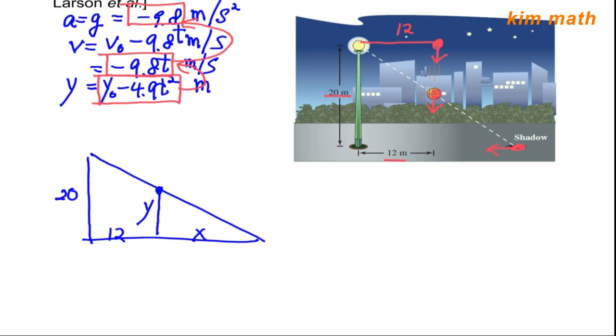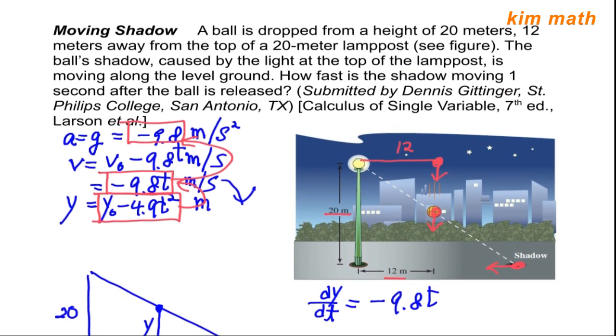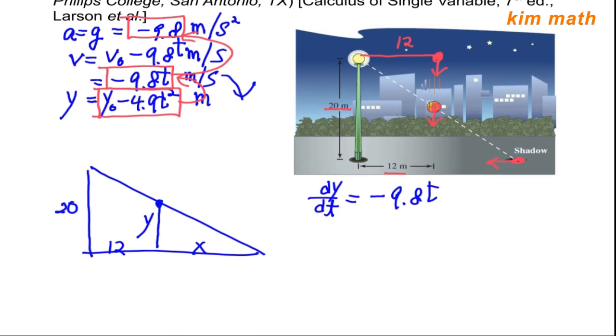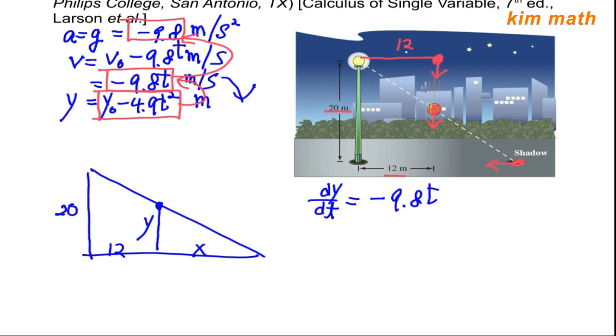So from here, the velocity dy/dt will be negative 9.8 t. Is it okay? And we want to find how fast the shadow is moving. So we need to find dx/dt. Good.